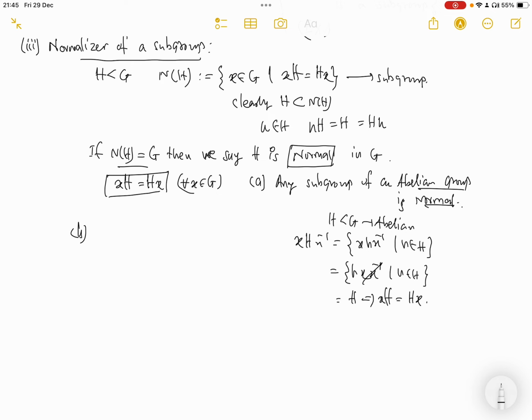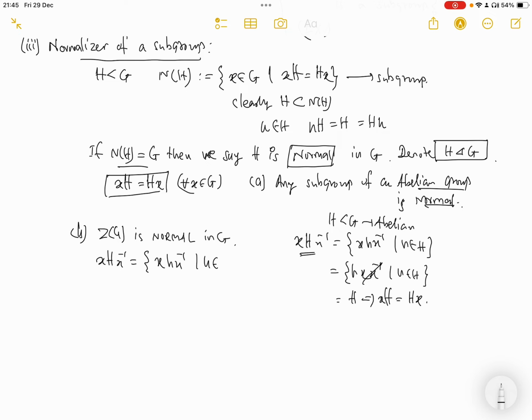Right. And also, let's see. The center of any group is normal in G. And for shorthand notation, when we say H is normal in G, we denote it by H, this triangle sign, G. So we see that the center of G is normal in G. The logic is again similar, because if you write this, now H is in the center, so let me write it as ZG.